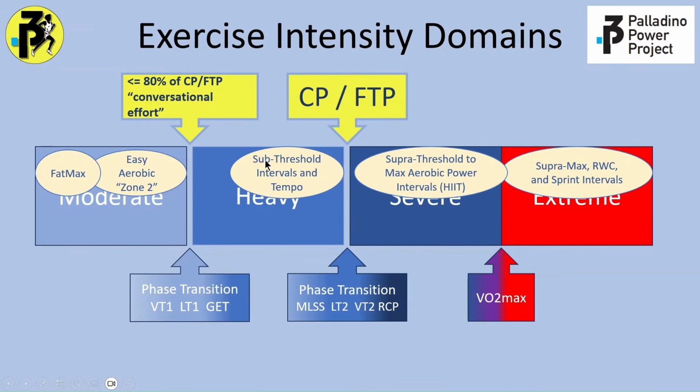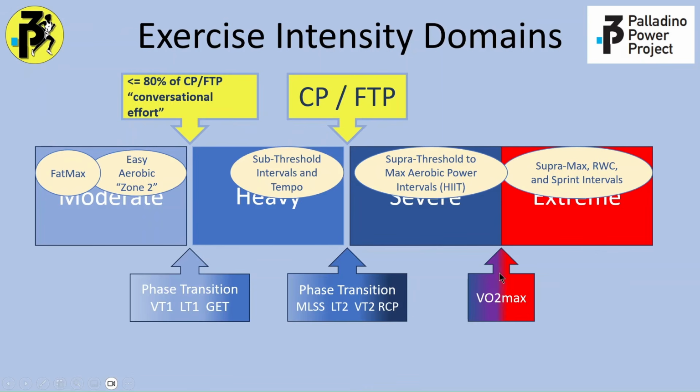When we talk about sub-threshold training, Norwegian singles, and tempos, they're typically in the mid to high end of the heavy domain, but they're capped by CP and FTP. You want to be below CP and FTP to be in this practical application of the heavy domain. Once we get over CP and FTP, we're into super threshold and max, all the way to max aerobic power intervals or high intensity interval training.